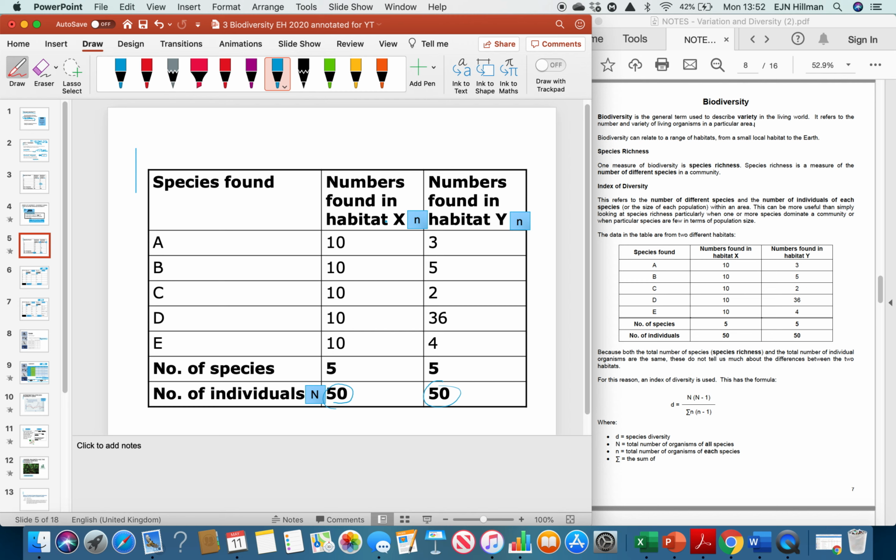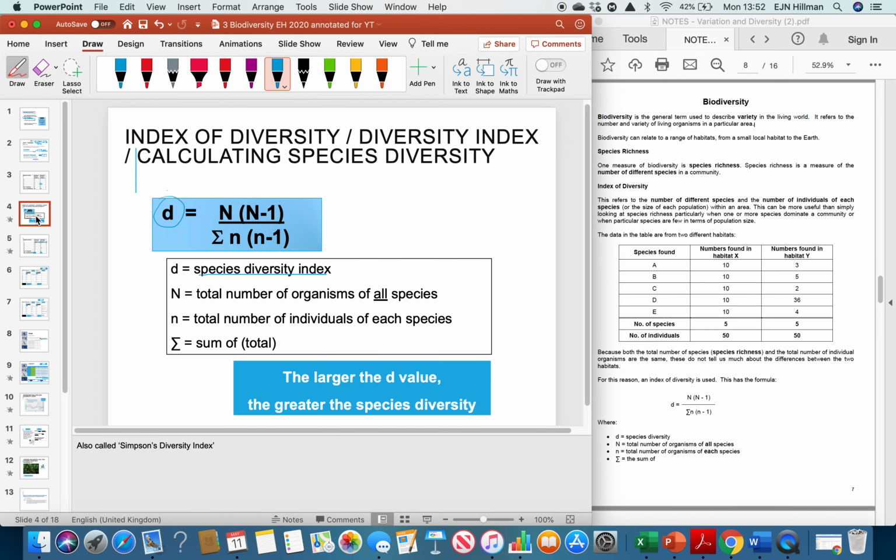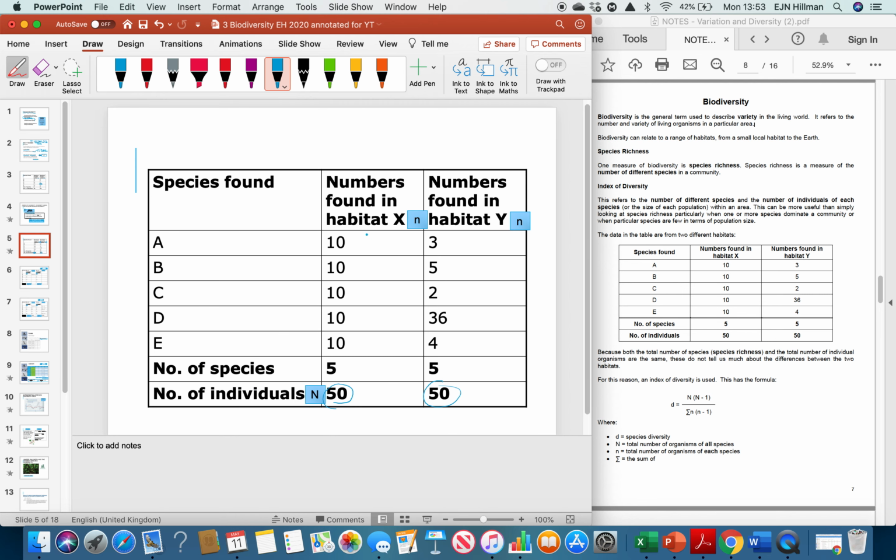To calculate that, the bottom line here, the sum of the total number of individuals of each species, n, multiplied by n minus 1. Here we would have 10 times 10 minus 1, which is 90.